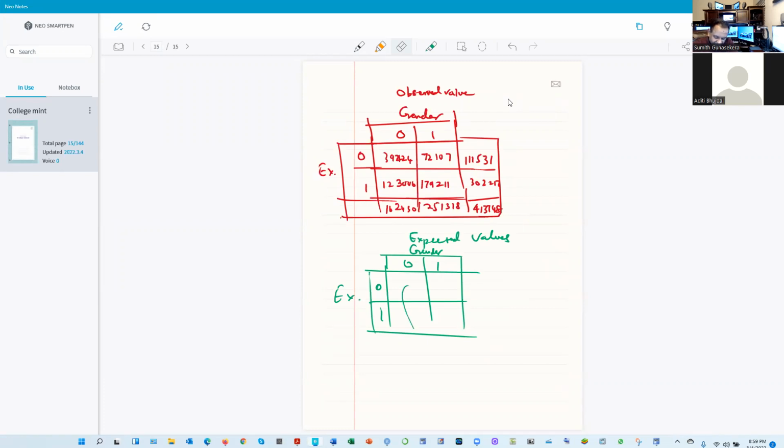Then let's say this cell, how do you find it? You go ahead and get this number.